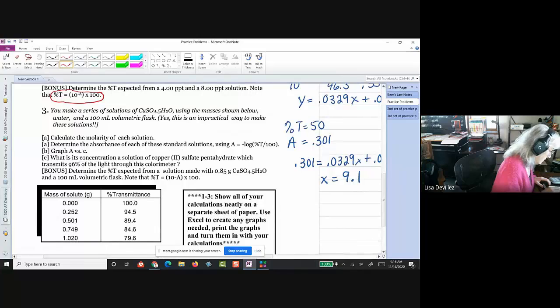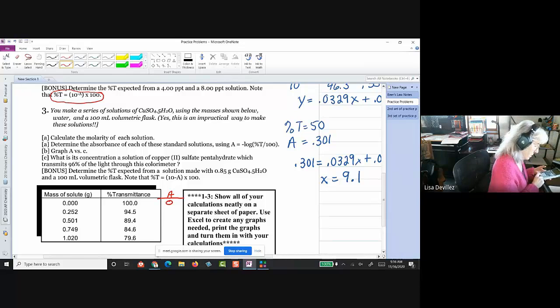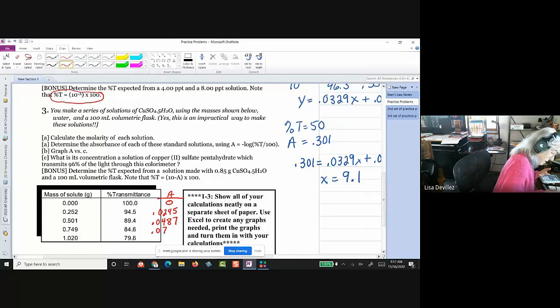Here we've got our data, and I'm going to get my absorbance from it. Negative log of 0.945 is 0.0245, negative log of 0.894 is 0.0487, negative log of 0.846 is 0.0726, and negative log of 0.796 is 0.099.